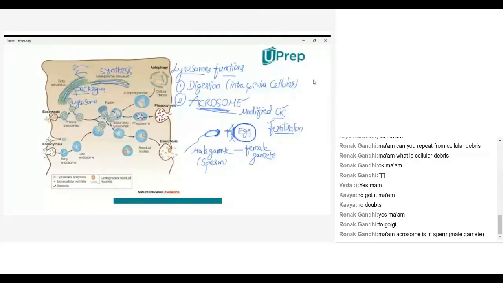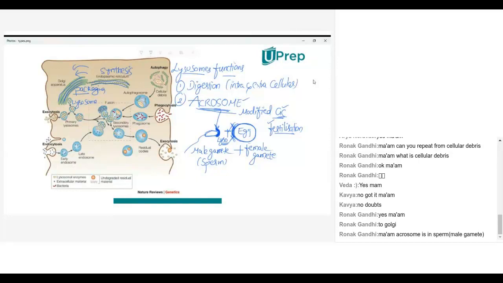For the purpose of fertilization between male and female gamete, the egg cell membrane has to be broken up, which will be done by the acrosome. The acrosome is the part we find at the tip of the sperm cell, like this over here. It's a Golgi complex or Golgi body, and it will have lysosomal enzymes.